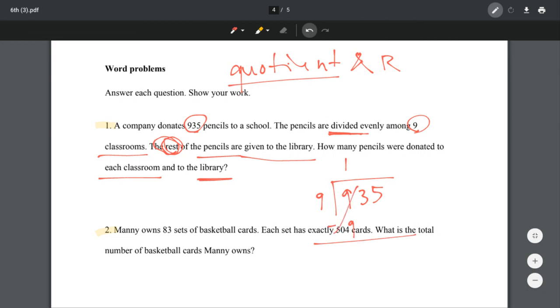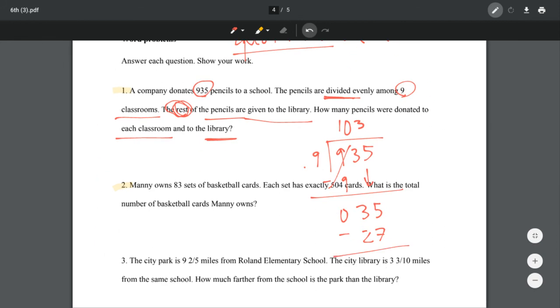Subtract. It cancels out. Bring down the 35. How many times does 9 go into 35? Well, 9 times 4 is 36, so it must be 3. Oh, and there's a 0. So 9 times 3 equals 27.